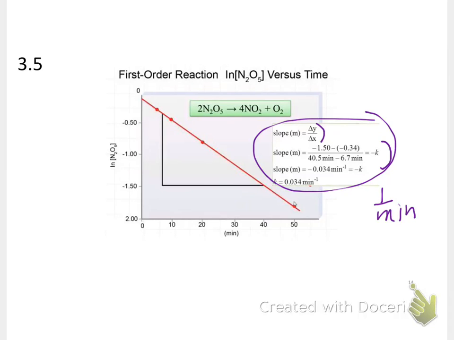And what you'll see is that if I have a first order reaction, the units of my rate constant are always going to be 1 over some unit of time. It could be 1 over minutes, or 1 over seconds, or 1 over hours. So that's another tell that I have a first order reaction.